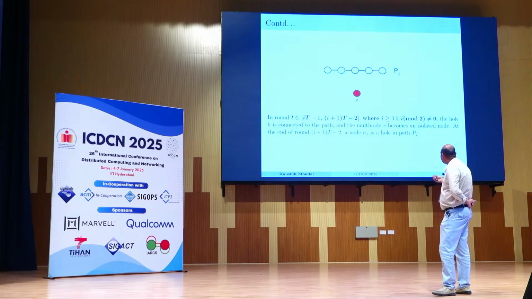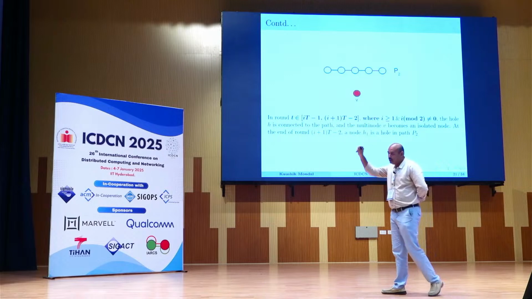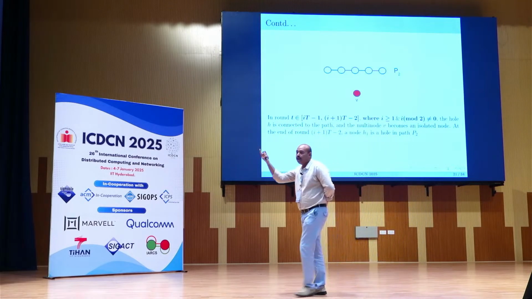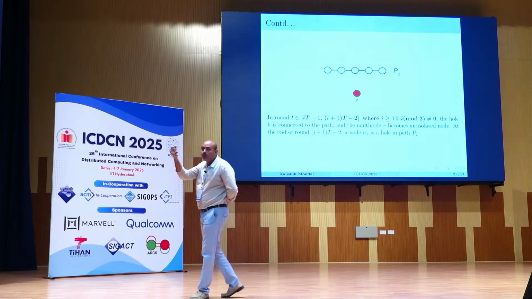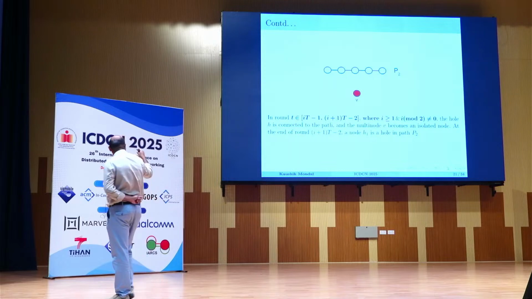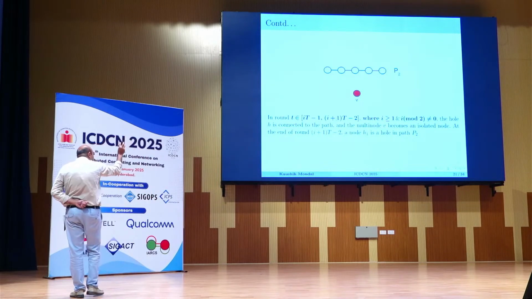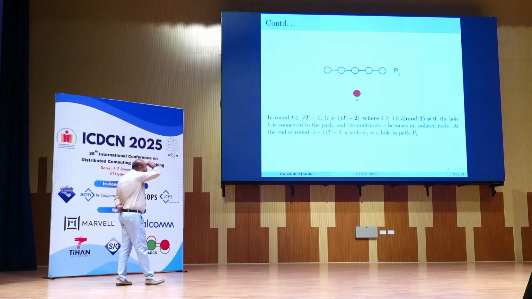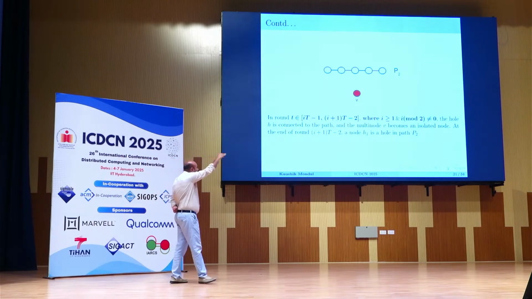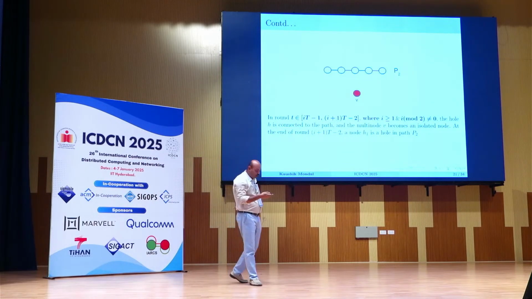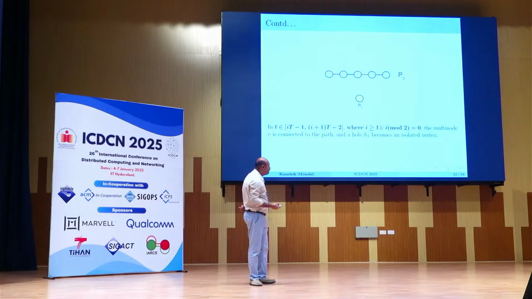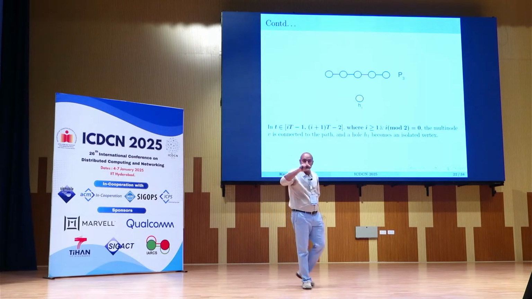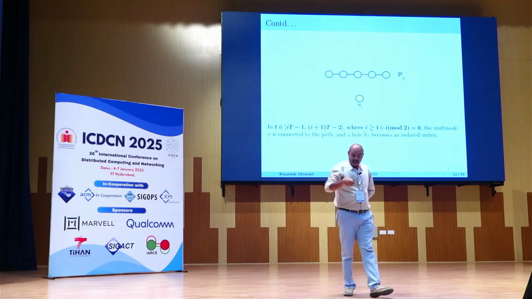What you do after that: since there are n minus 1 nodes in the path and there are n agents, at least one node with multiple agents will be there. So in the next T minus 1 rounds, you take that node with multiple agents, you keep it separately, and you put the hole back in and make it a path. And you continue this so that the hole and a multi-node are always in disconnected components.